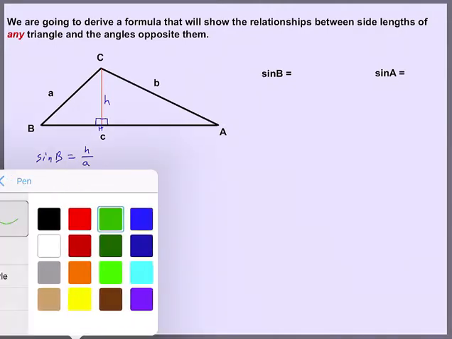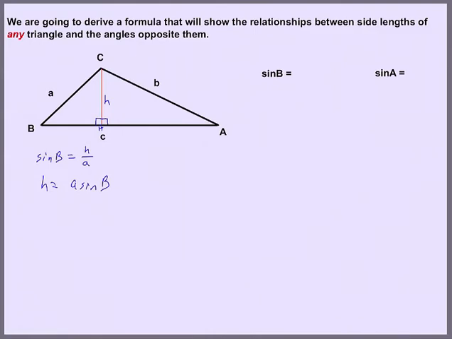But over here on the right triangle, I can do a similar thing, saying that the sine of angle A would have to equal the leg opposite of angle A, which in this case is also H, over the hypotenuse of the right triangle on the right.